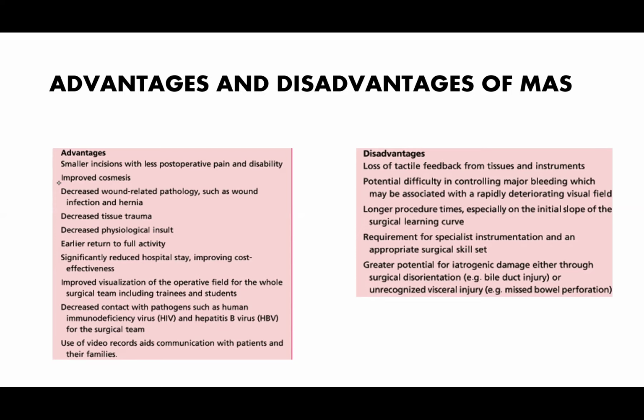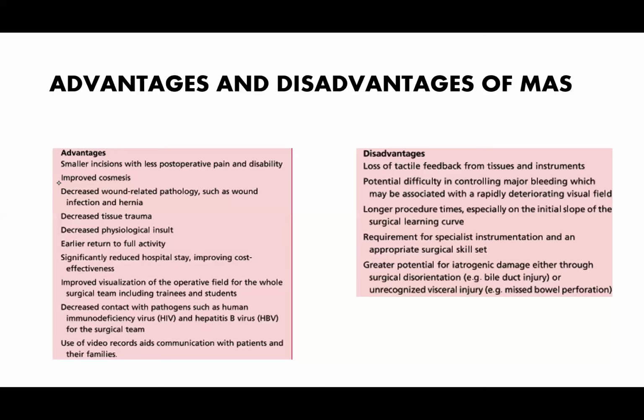There's potential difficulty in controlling major bleeding, which may be associated with a rapid deterioration in visual field. If the bleeding is so much, you might not be able to see the field, and eventually you may have to convert to open procedure.